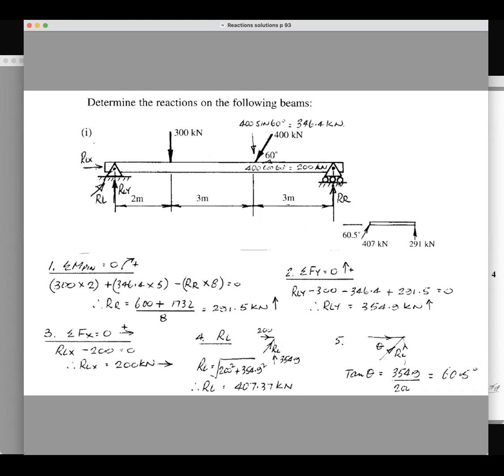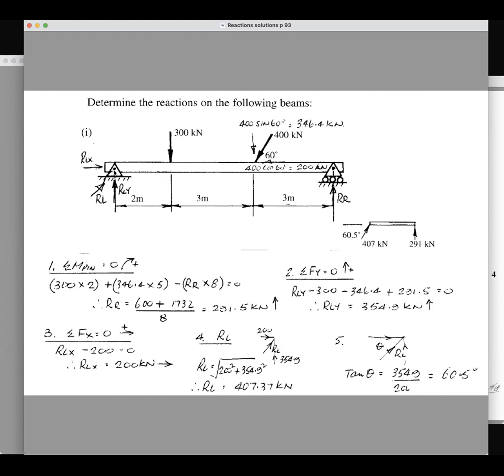Now, this is called a roller reaction, and the only reaction that can act on a roller is operating always at 90 degrees to the roller, because if you apply a horizontal force to the roller, it will theoretically just roll along. Now, as you know, they don't use rollers now on beams. They use elastomeric bearings, or they use unidirectional bearings that we'll have a look at in later lessons.